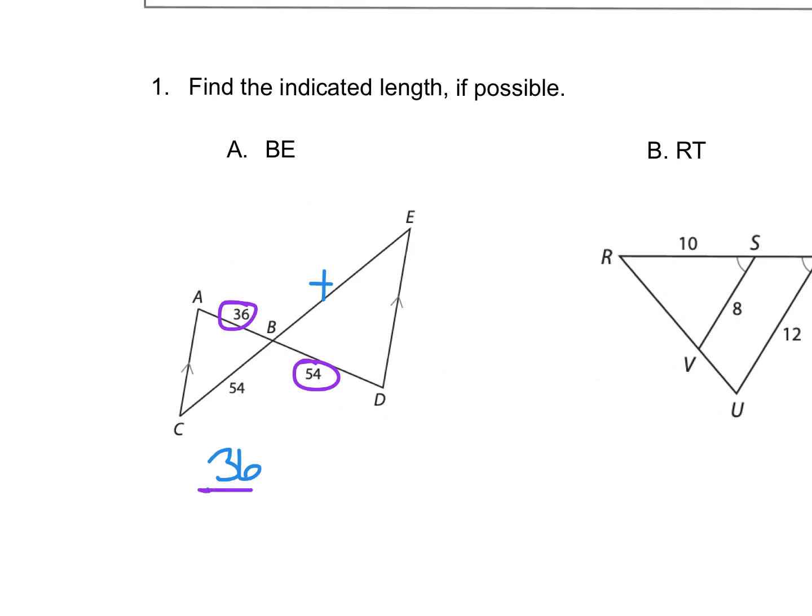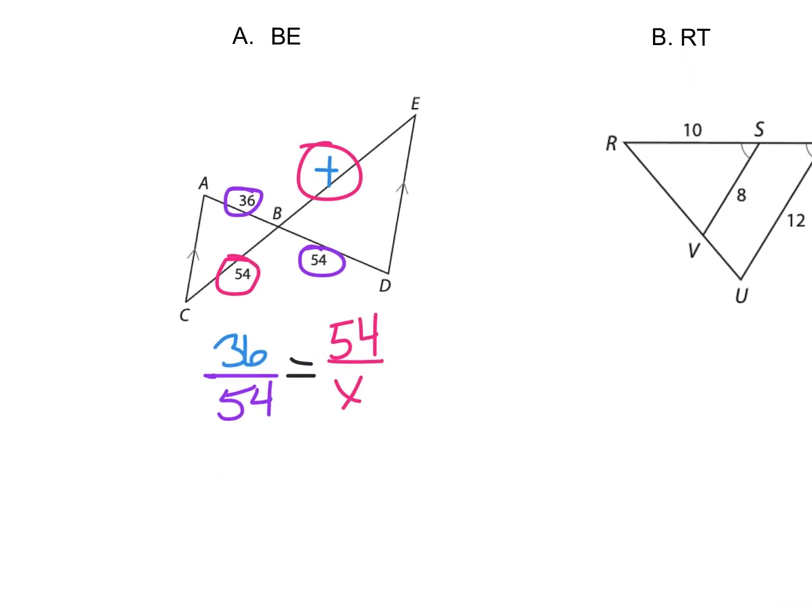So 36 is to 54 as 54 is to X. So you got to put the corresponding side in the same place.